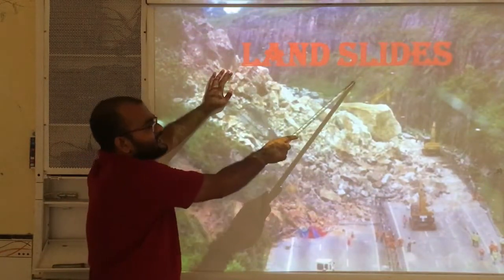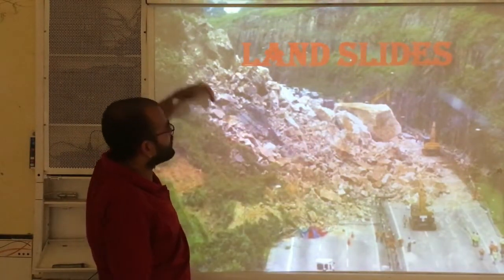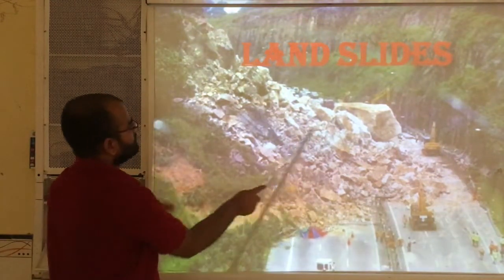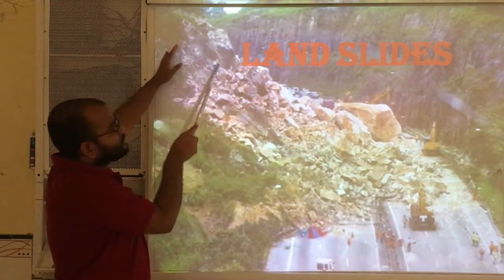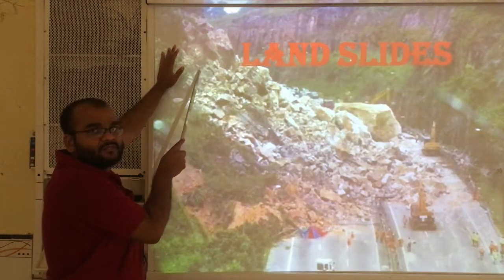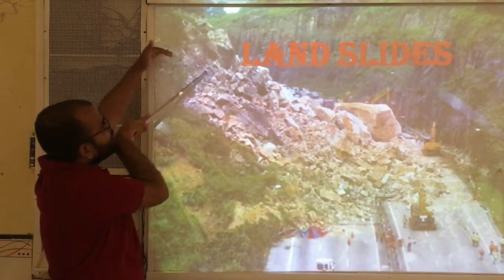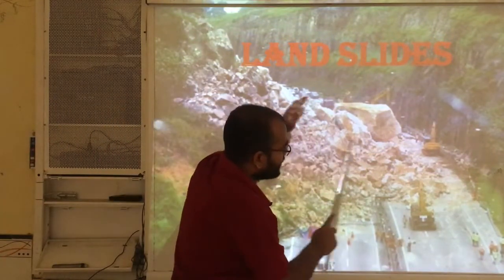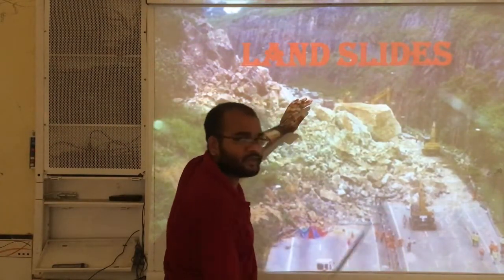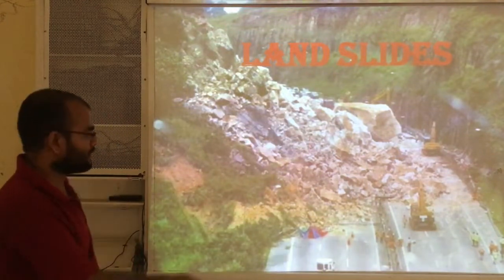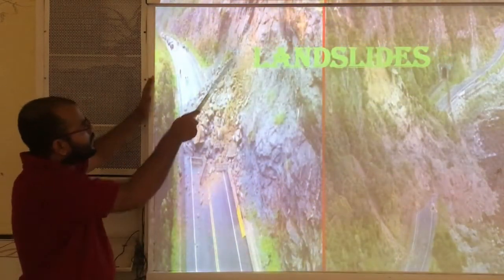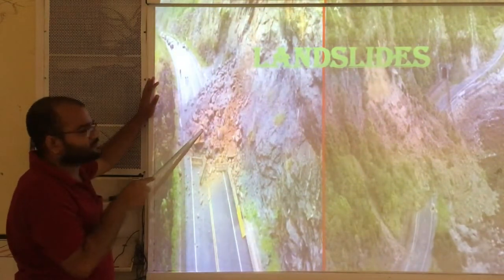Especially these landslides will occur in the mountain areas or hilly areas. See here, the land which is present on the slope of the mountain slid and fell on the road. Here also you can see how the land is sliding.